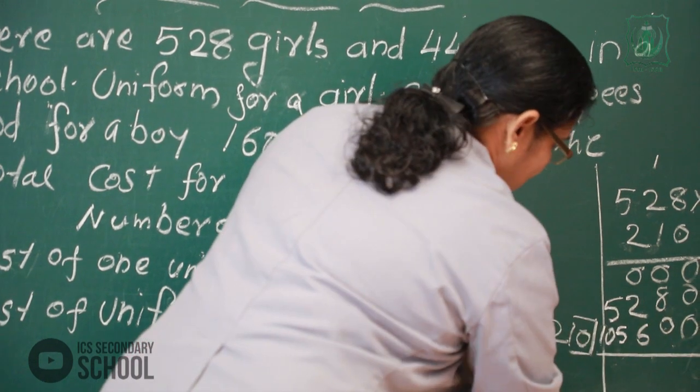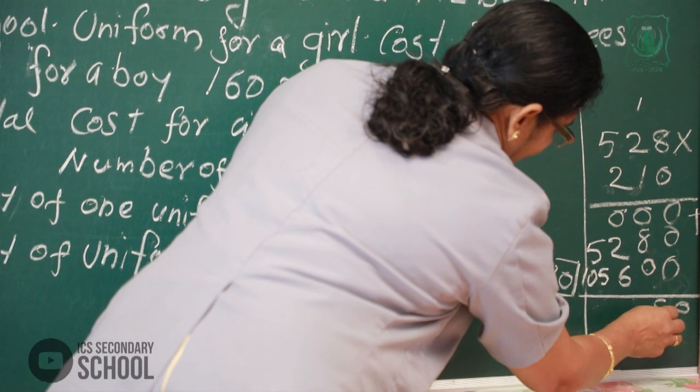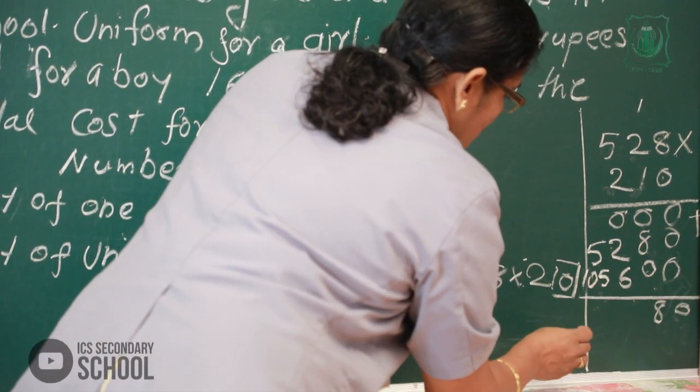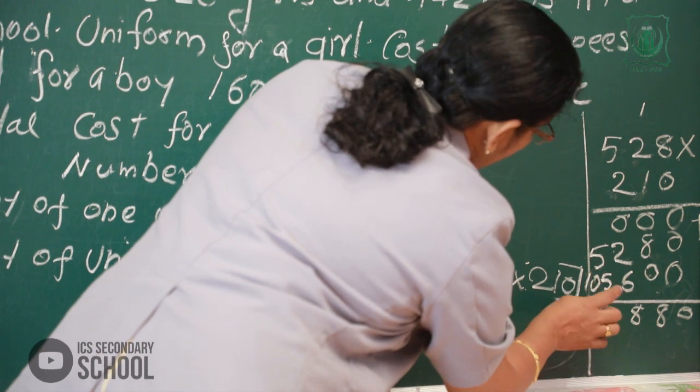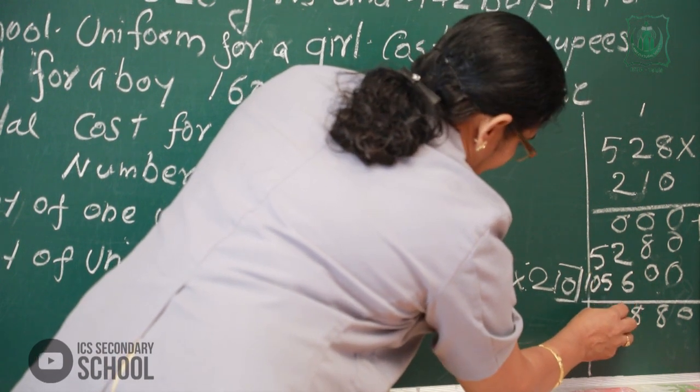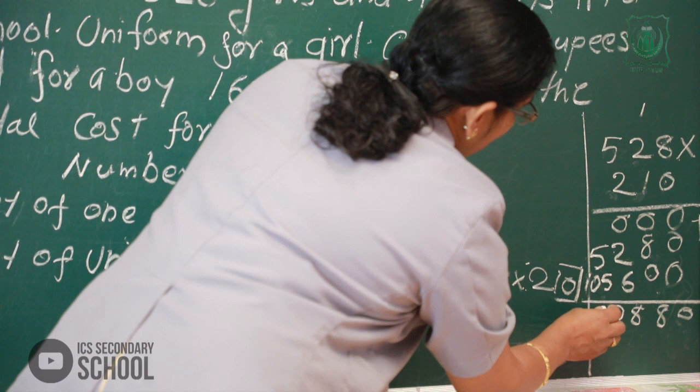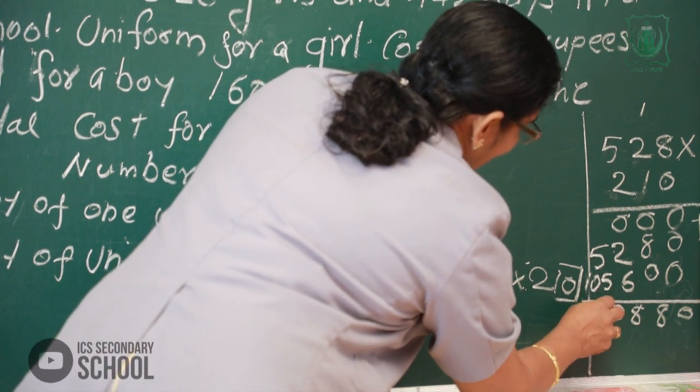Add these numbers. 0, 8, 6 plus 2, 8, 5 plus 5, 10, 10 plus 1, 11.